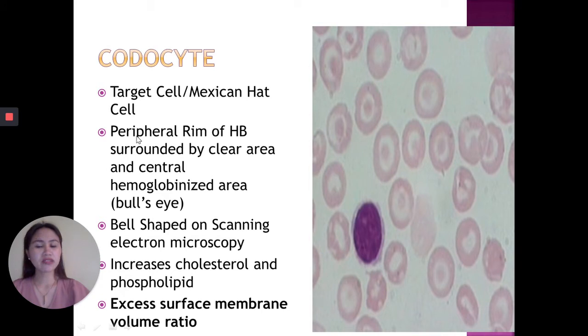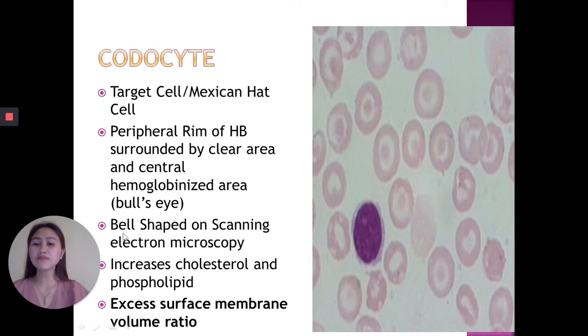It is characterized by having a peripheral rim of hemoglobin surrounded by a clear area and a central hemoglobinized area. As you can see a while ago, it's like having a bull's eye, due to the thought of having it targeted in the middle.